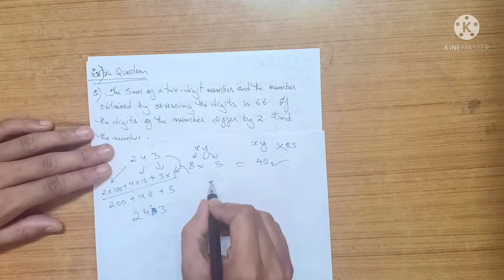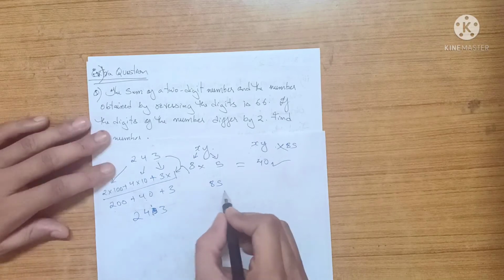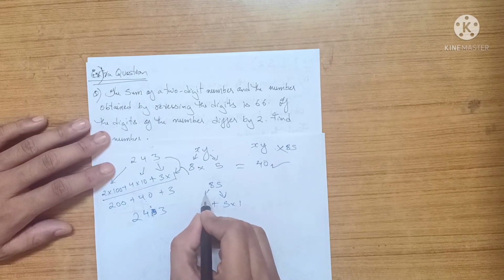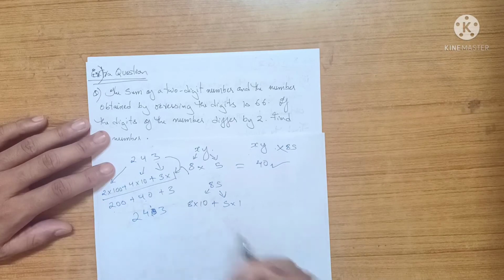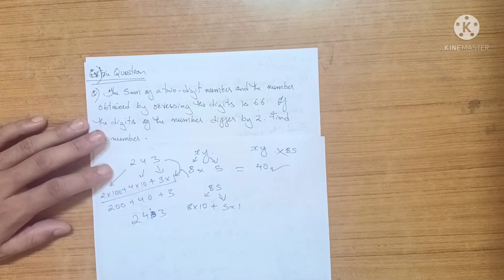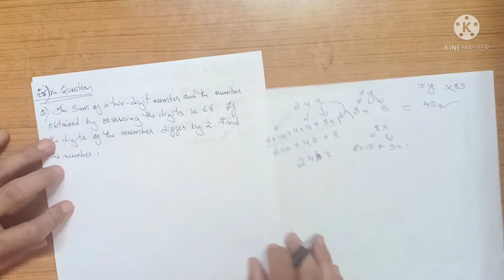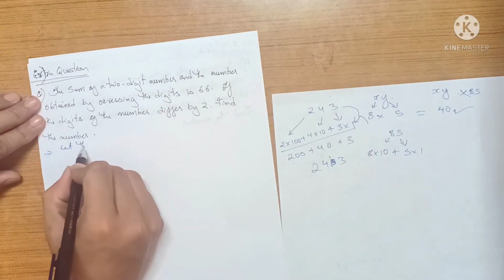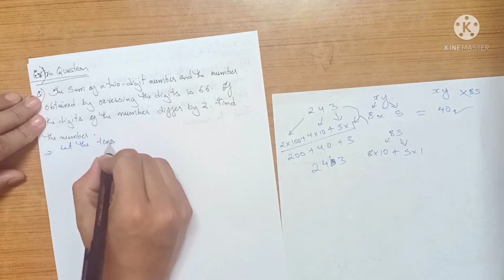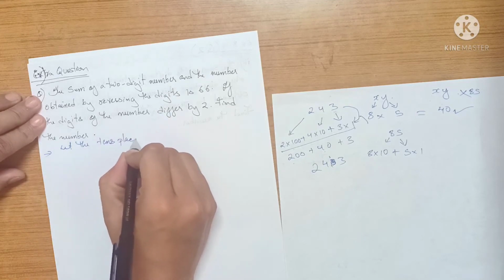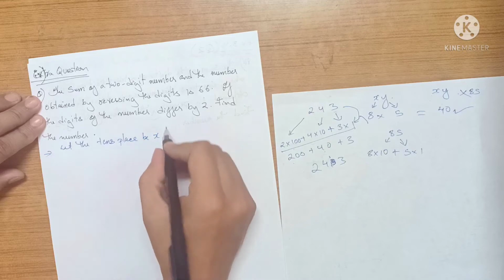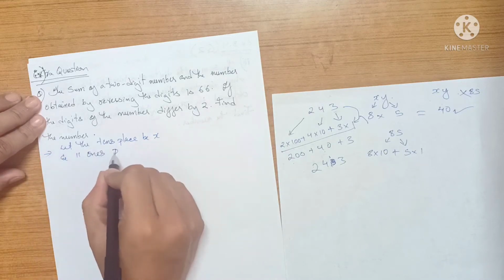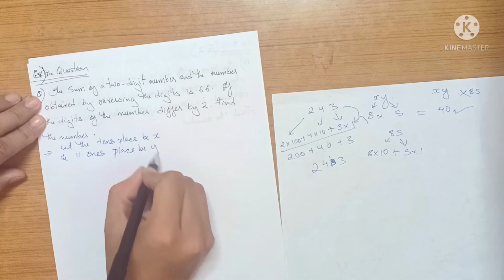So if I wanted to write 85 as a two-digit number, I can write it as 8 into 10 plus 5 into 1, since 8 is on the 10th place. So this is what we're going to do. Let the 10th place be x and the ones place be y.